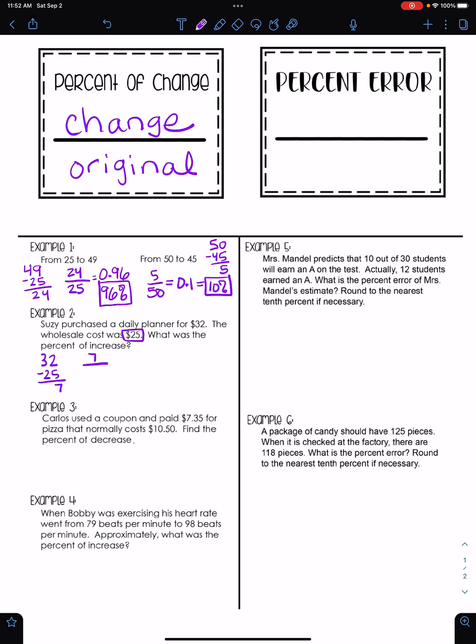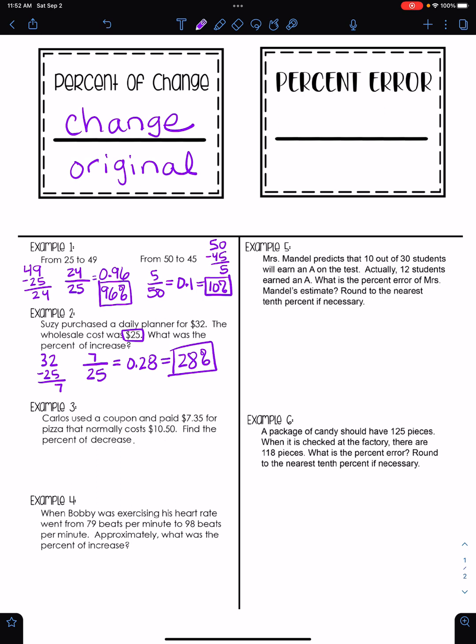So if we want to know how much it increased, we're going to divide 7 by 25. You can do that in your calculator, or another way you could do that one is find equivalent fractions that have a denominator of 100, and you'd get 28 over 100, which is also 28%. But I just divided it on the calculator.